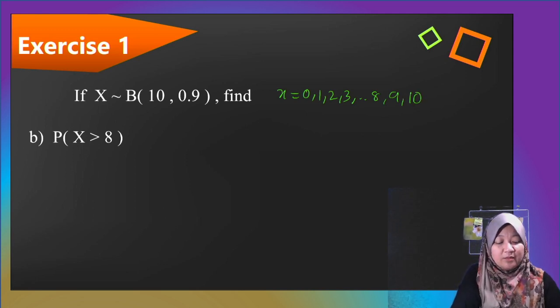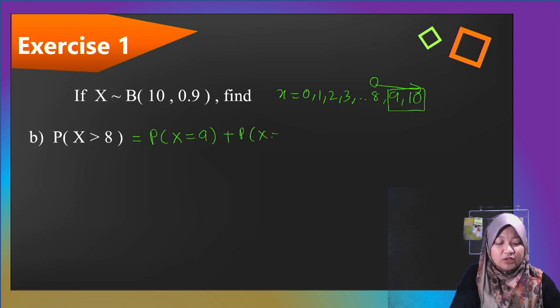Tidak termasuk 8. Okay, kita buat bulatan kosong. Greater than 8 bermaksud kita hanya perlu kira probability 9 dan 10. So, yang ini samalah dengan probability x equal to 9 plus probability x equal to 10.